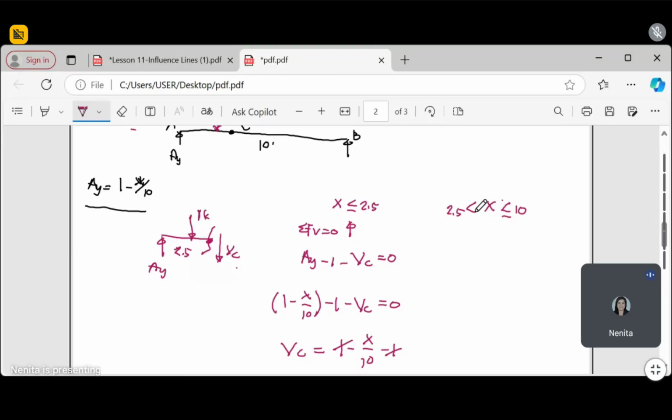Kahit butang natin ng 2.5, maori naman siya. Ito natin. X is greater than 2.5 but is lesser or equal to 10. So, ibig sabihin, ang range natin is just 2.5 up to 10. Kini is 0 to 2.5.